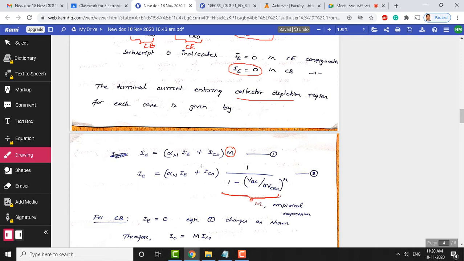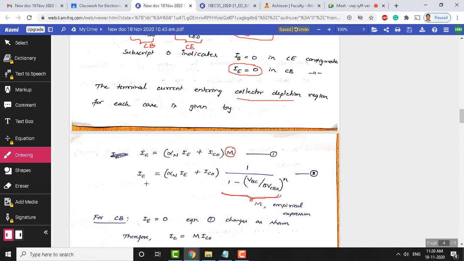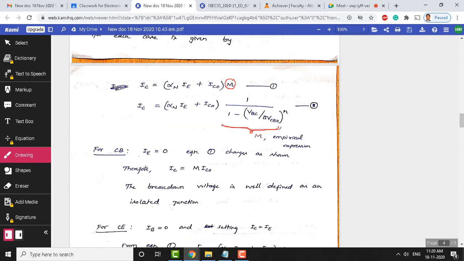Now, this equation we can rewrite for different configurations. Already we have discussed breakdown voltages with reference to common base and common emitter configuration. Now, let us define the collector current with reference to those two configurations here. Now, as per the definition of common base breakdown voltage, IE is going to be 0 for this common base configuration. With that we have defined the breakdown voltage.